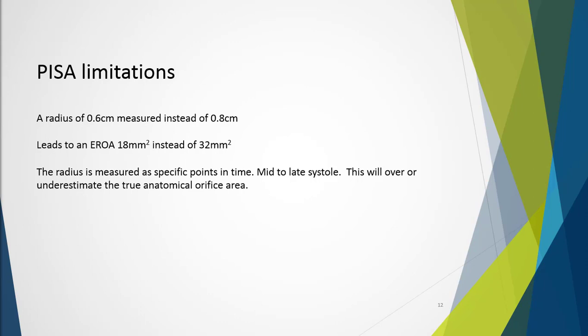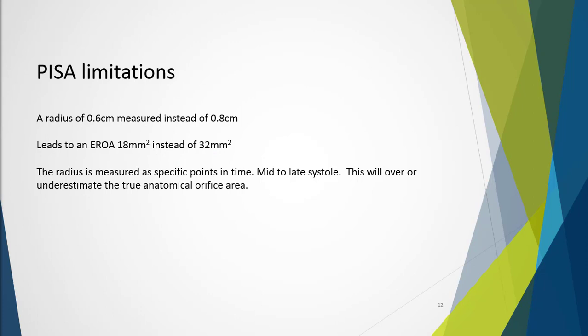And we will always come to our limitations, considerations, and assumptions. As with the limitations seen in other stroke volume calculations, the radius is an important component. An error in the derivation of the value can lead to an inaccurate valve regurgitant area, such as if we measured a radius of 0.6 centimeters instead of 0.8, we'd get vastly different values.